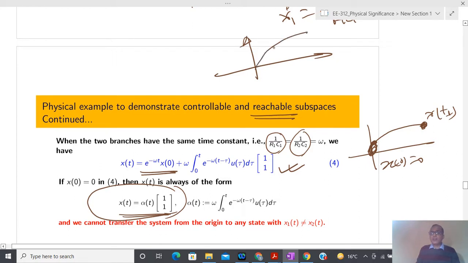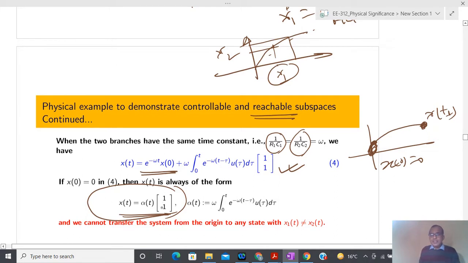There exists some kind of trajectory where everywhere x1 equals x2. Another situation is that x1 is not equal to x2, because this is the space where x1 is a function and x2 is also a function.